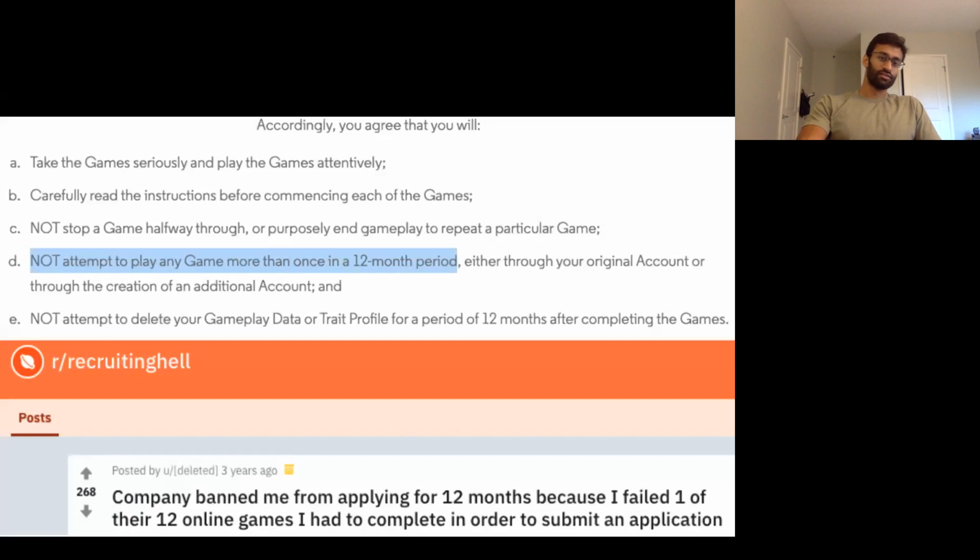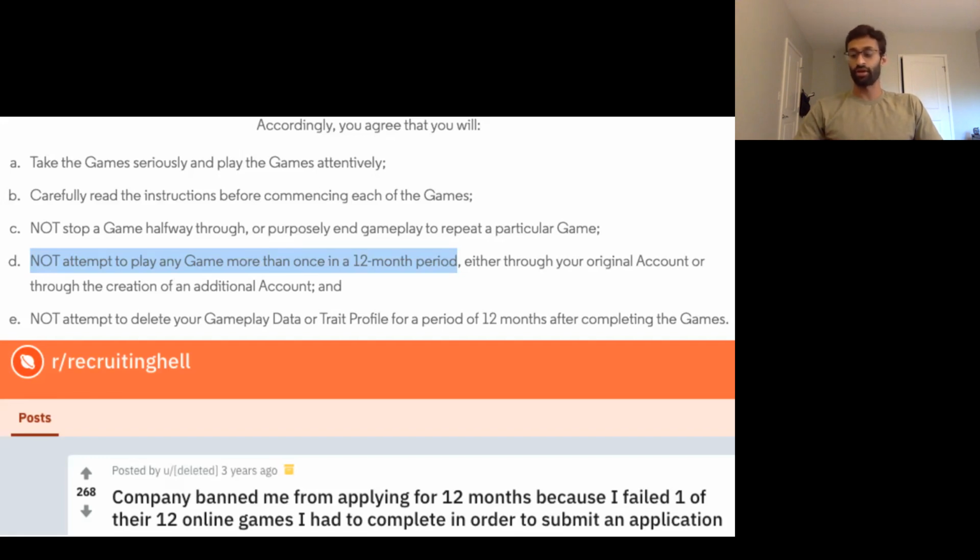And actually, this sort of explicitly happens in some of these hiring assessments. So in this example here, there's a firm that, as part of their terms of service, prevents you from taking their test more than once a year, right? And so what that means is if you apply to a company and you fail that test, you can't apply back for another year.